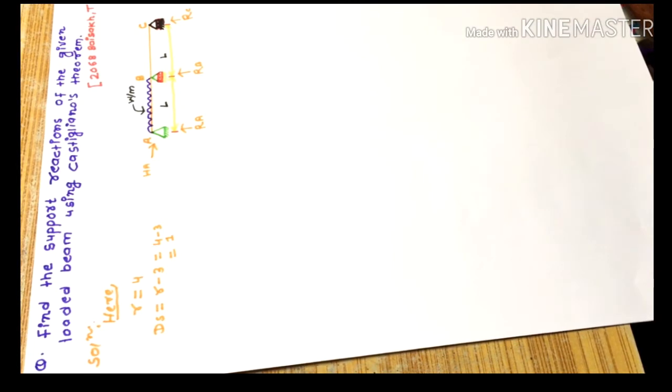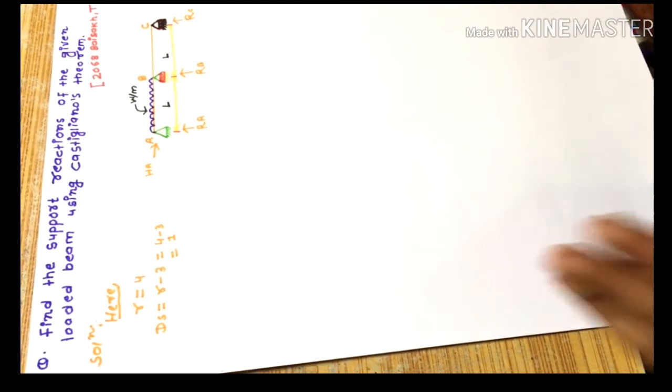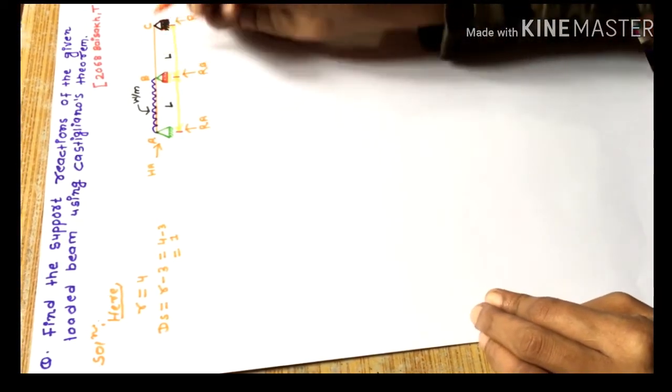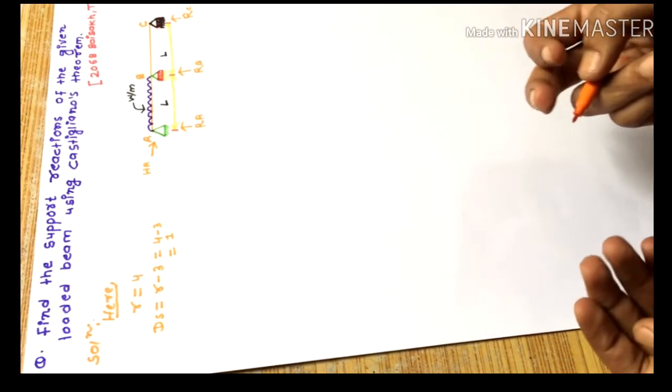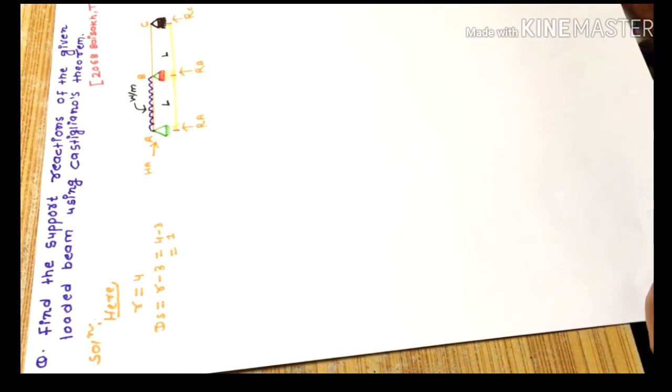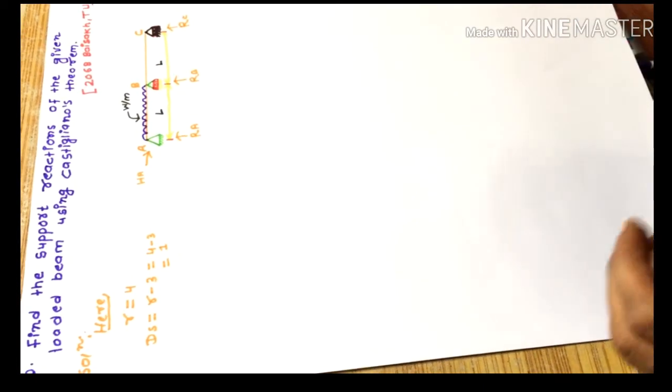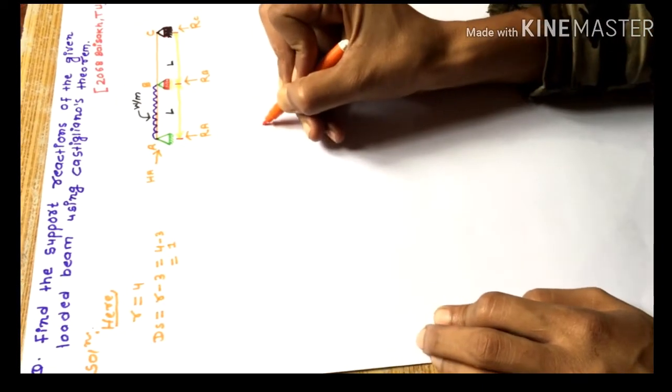So we have to apply a force which makes this beam determinate, so we can easily calculate the reactions using the available equations of static equilibrium. So let us redraw this figure.